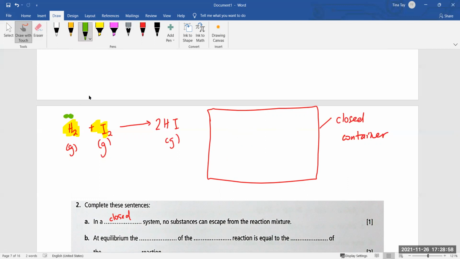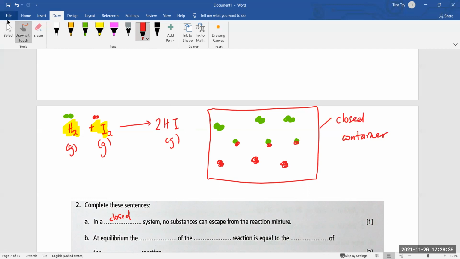A lot of them, I'm not going to draw all. So what's going to happen is, first, their bonds are going to break. And then they're going to form hydrogen iodide.